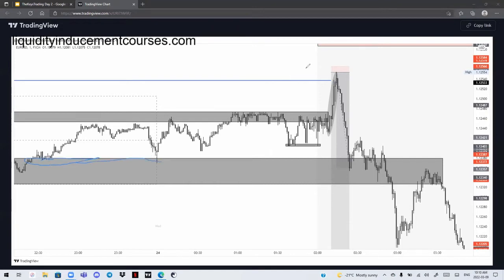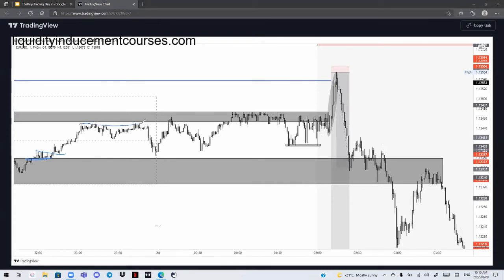You don't need to draw it at all, you can just note that this right here is a support and resistance area. So you know that price needs to grab this liquidity. As long as you see a support and resistance area, it is liquidity.